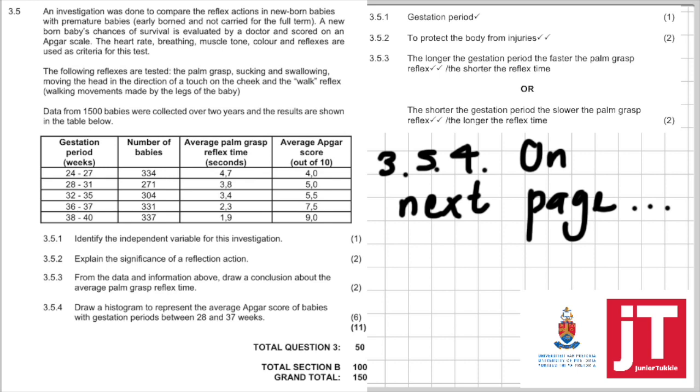3.5. An investigation was done to compare the reflex actions in newborn babies with premature babies, early born and not carried to full term. A newborn baby's chance of survival is evaluated by a doctor and scored on an APGAR scale. The heart rate, breathing, muscle tone, color, and reflexes are used as criteria for this test.